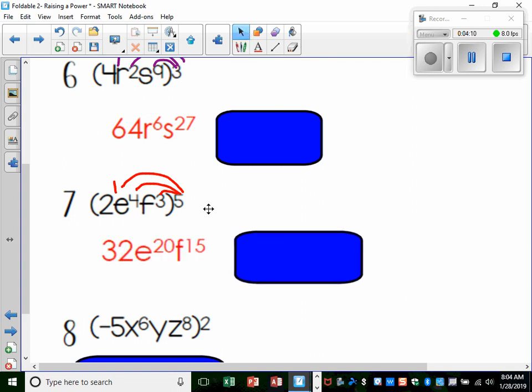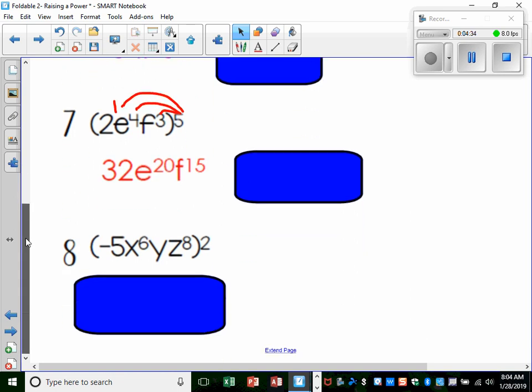So 2 to the 5th power, you put it on your calculator, you get 32. And then you get e to the 20th and f to the 15th. Okay, any questions so far? All right, moving on down to the next one.